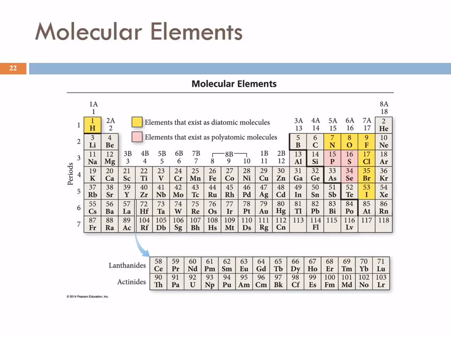So this is a periodic table showing these molecular elements. The ones in yellow are the ones you really need to memorize. And there's different ways of memorizing those. One is BrINClHOF. That was somebody's attempt to make a word out of the element symbols.